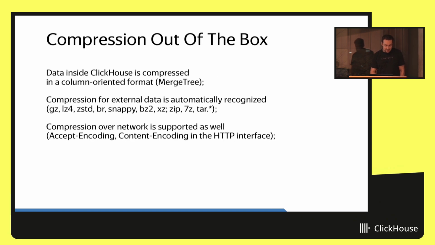Compression out of the box. So it obviously stores data compressed. Also, it recognizes compression for external data when you import this data. When you export data, it will automatically compress based on the extension. And in HTTP, it will automatically recognize the headers like accept encoding, content encoding.